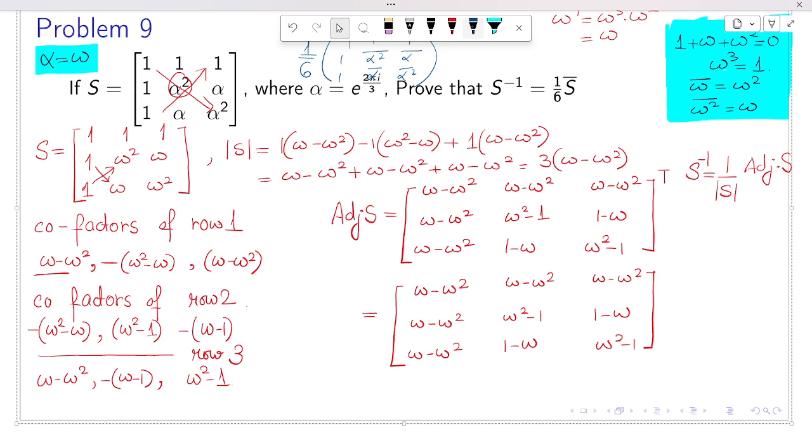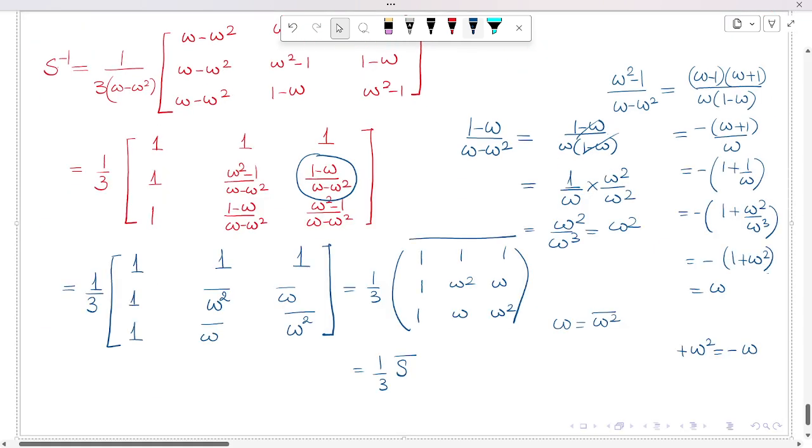This is 3 times omega minus omega square. This thing is perfectly fine. We might have missed 2 somewhere else. No, I think we haven't missed. Okay, I'll see where we have missed 2, or if this answer is right, then I'll update.